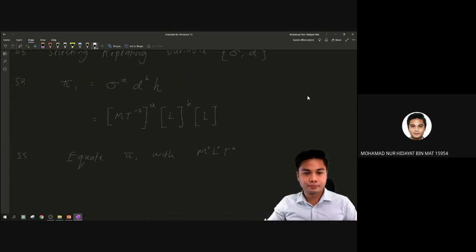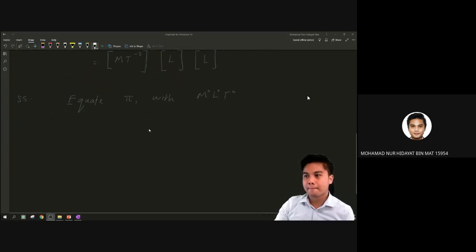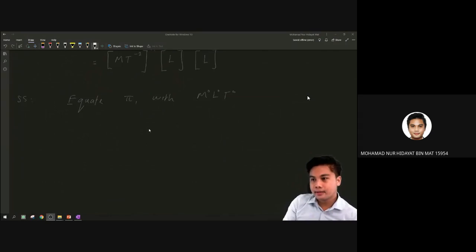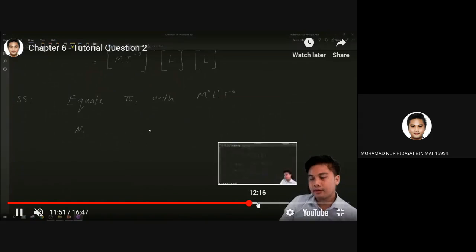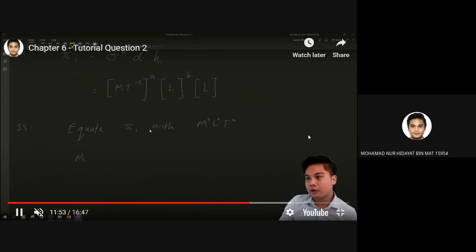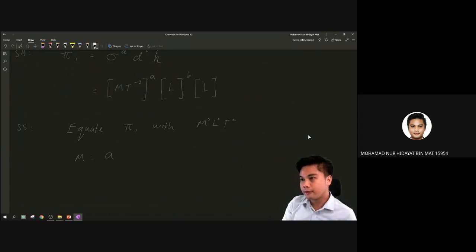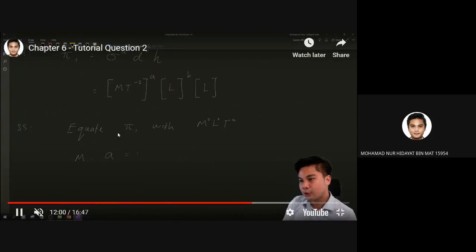Once you equate, you can get the values of A and B. How to get them? For A, you can see we start with M. M to the power of A, which is A. We don't have any other M, so A directly equals 0. For B here, we have L to the power of B, plus L, which is to the power of 1.